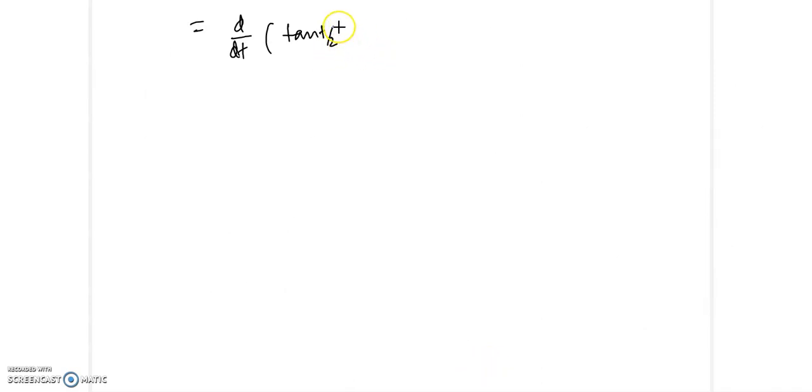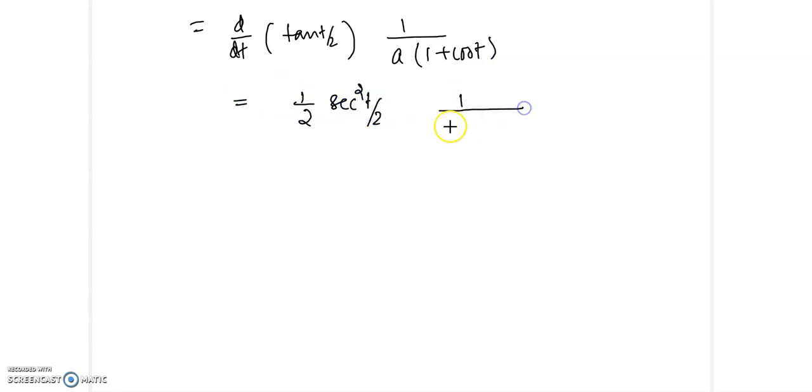It will be d by dt of tan t by 2 into dt by dx is 1 by a 1 plus cos t. So that is 1 by 2 into sec square t by 2, 1 by a, 1 plus cos t will be 2 cos square t by 2 varum. So that is 1 by 4a sec raised to 4 t by 2. So that is the value of the second derivative.